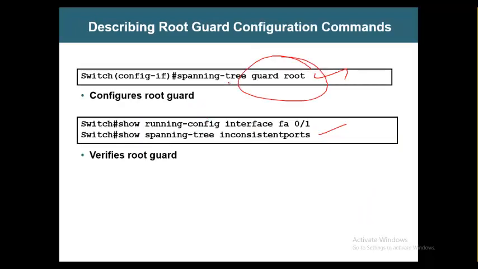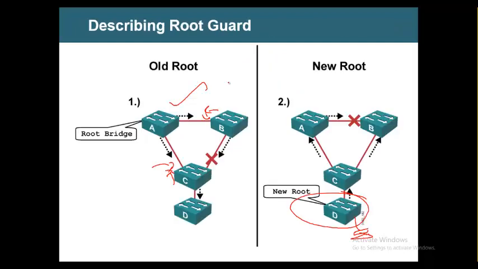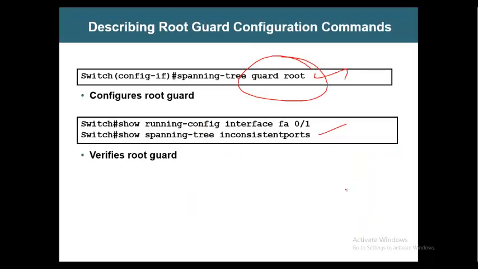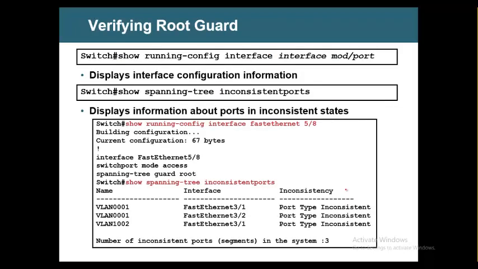This is the command: spanning-tree guard root. If in case any superior BPDU tries to enter, the port from where it is entering will go into the inconsistent state, meaning it won't work. Right? So this is another problem and solution.